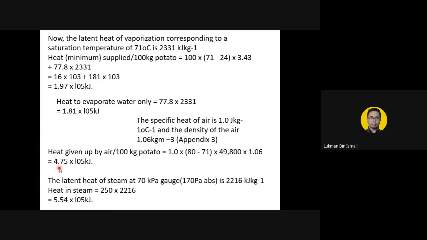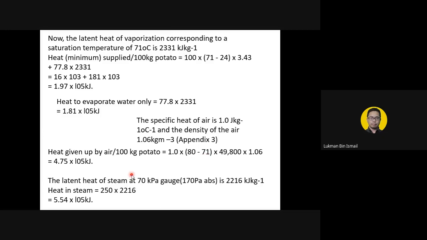So you have 4.75 times 10 to the power of 5 kilojoule. This is the heat given up by the air because of the cooling from 80 to 71 degrees Celsius.